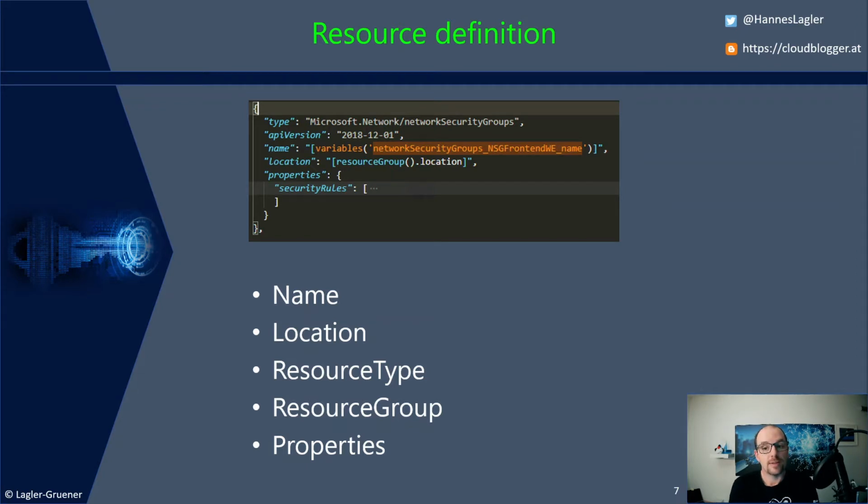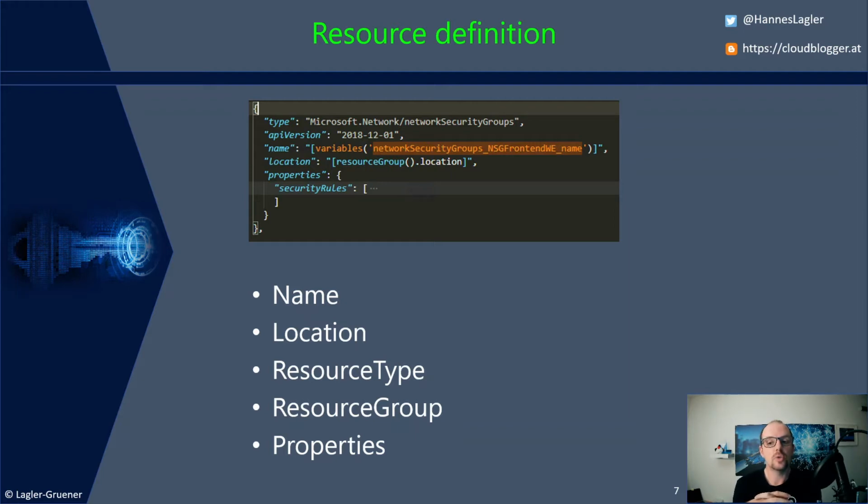You have to define the name for the network security group. In this case, I'm using a variable. This is the syntax when you want to use a variable inside the ARM template. The location is pretty interesting. You can define the location where the network security group should be deployed. In this case, we are using a variable, and the variable depends on the resource group where we want to deploy the network security group.